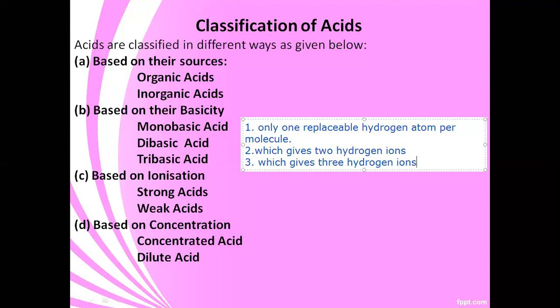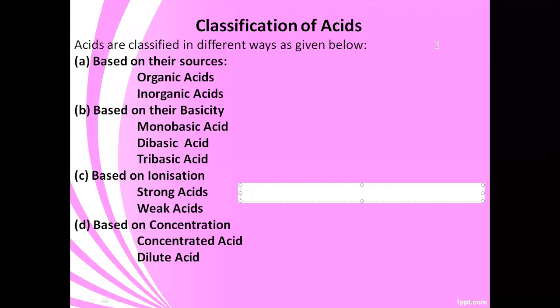The next one is the classification of acids based on their ionization. We have already seen what ionization is. When an acid is dissolved in aqueous solution, we get hydrogen ions.